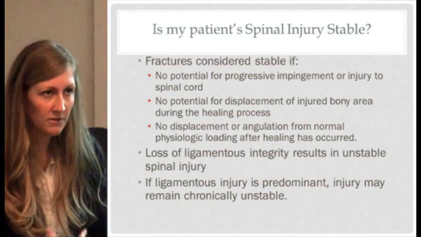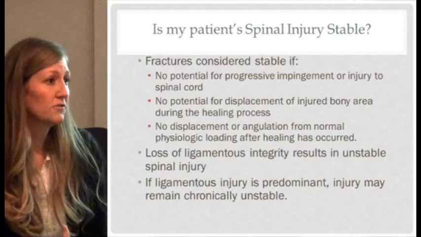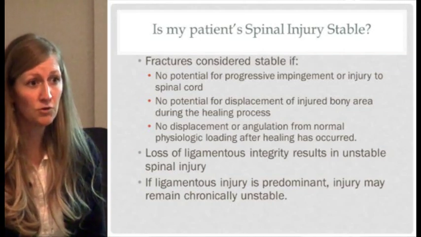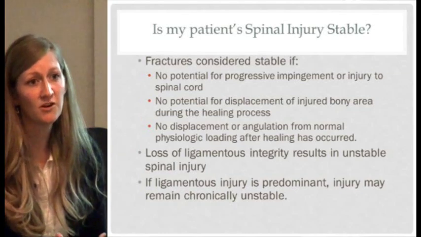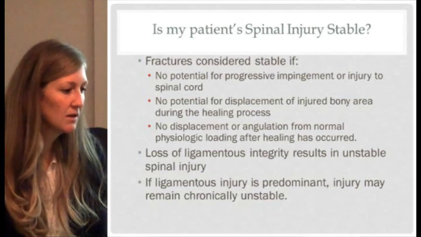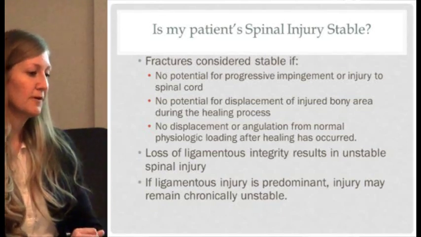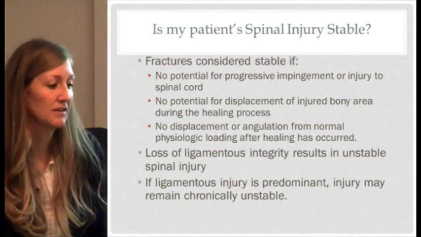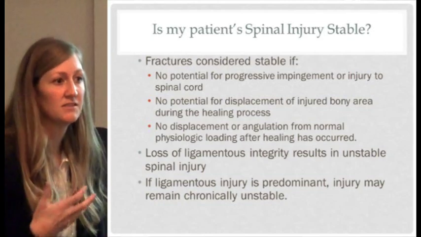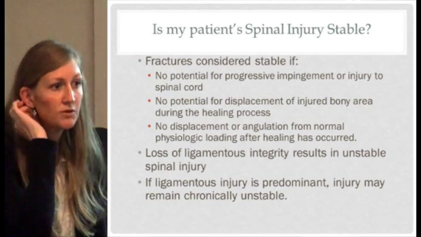So if the physicians feel that there's a chance that during the 6 weeks the bone is healing, it can move or slip, they'll opt to go in and surgically fix the bone area. There should be no displacement or angulation from normal physiologic loading after the healing has occurred. So you want to make sure that the blood flow will be intact to the spinal cord area.